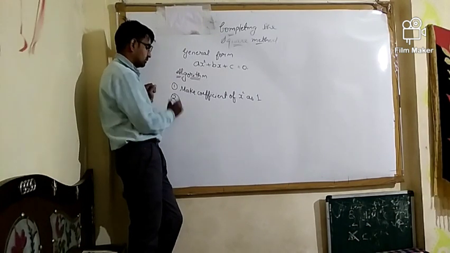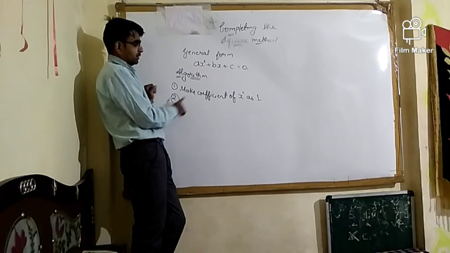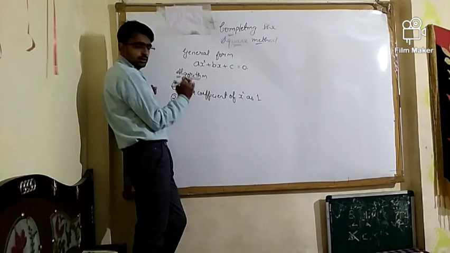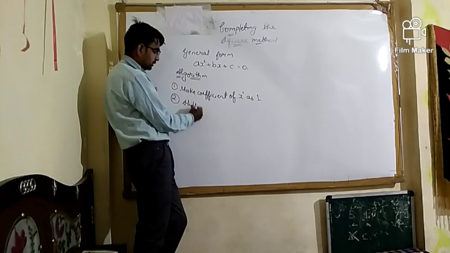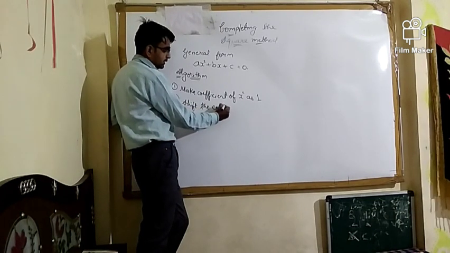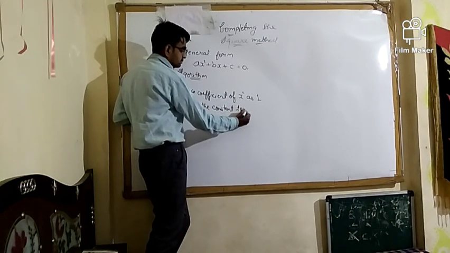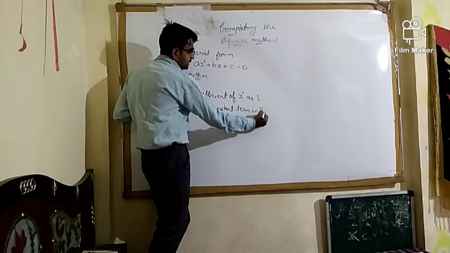Now, second step. After making the coefficient of x square as 1, we have to shift the constant term to the RHS.